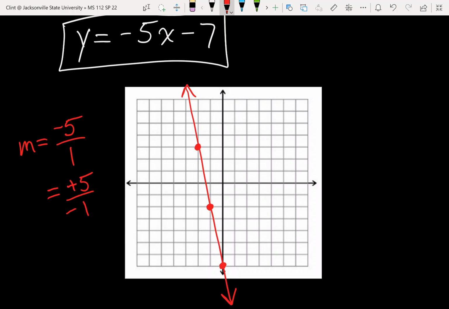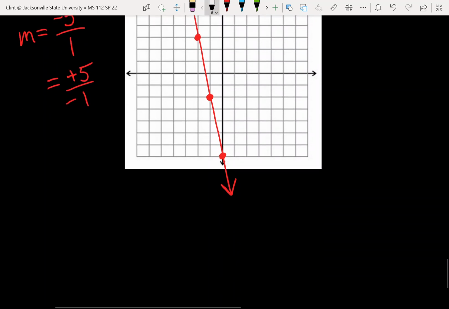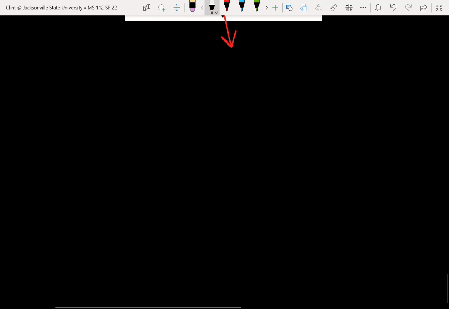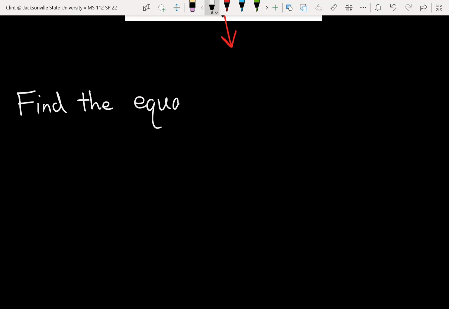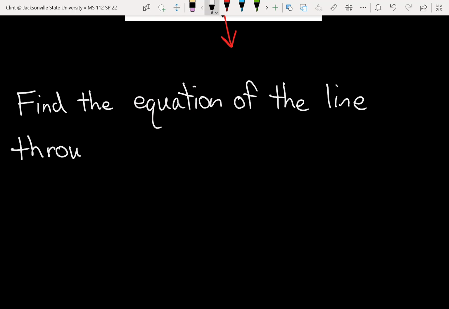Okay, so no more formulas or anything right now, but let's look at a different type of problem. We could have one that says this. So another one, find the equation of the line through, this time it's going to give us 2 points.